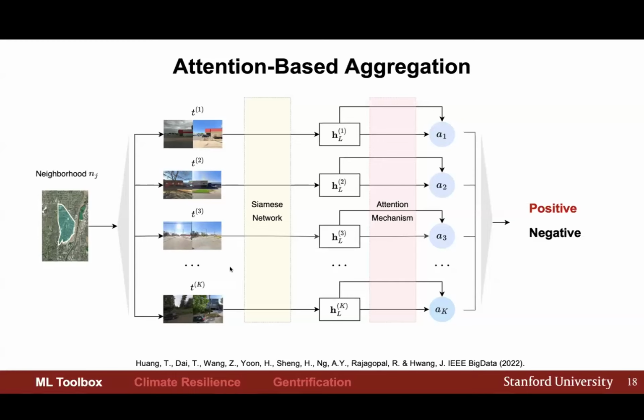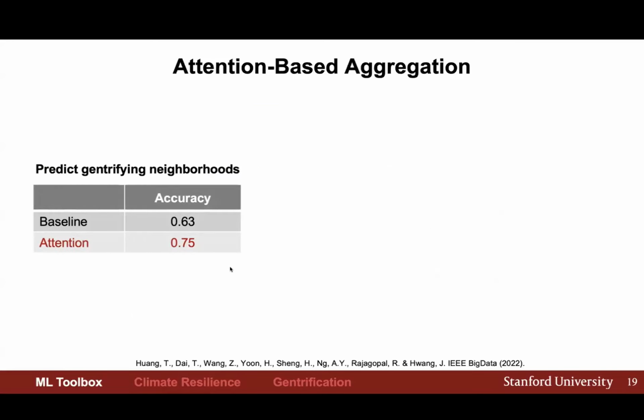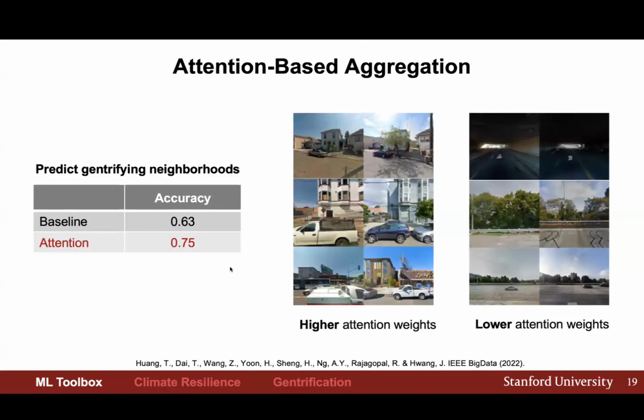Previously, people were doing average pooling or max pooling, different methods. And we propose this weighted average, where we assign weights implicitly for different buildings. And by assigning this attention algorithm, we actually achieve a higher accuracy. And these attention weights are learned end to end.